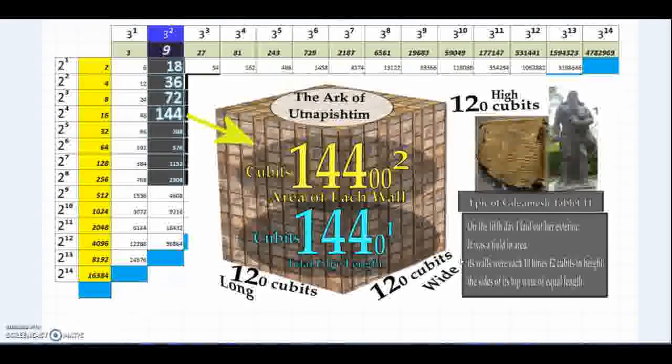I think there's some truth. Well, there is truth to it, I have no doubt of that. But when stories get passed on through time, little details can change. But anyway, this pattern: the area of each wall is 14,400 cubits squared, and even the total edge length is 1440 cubits.